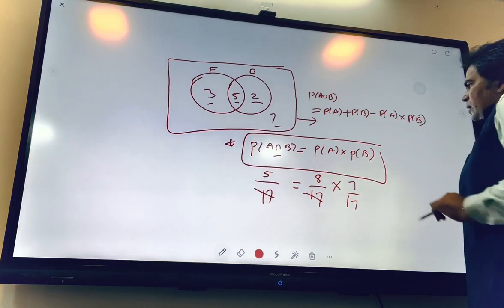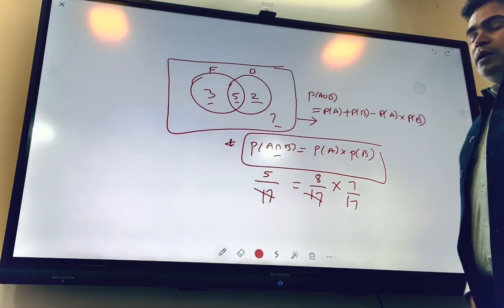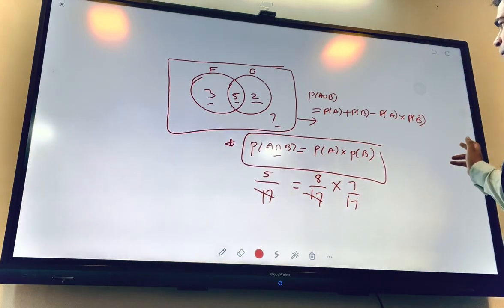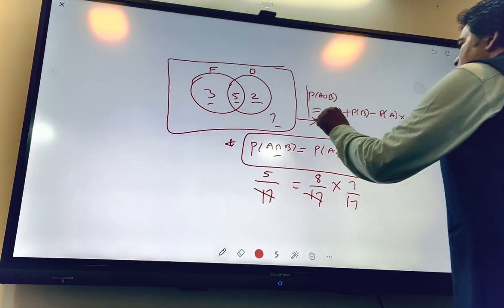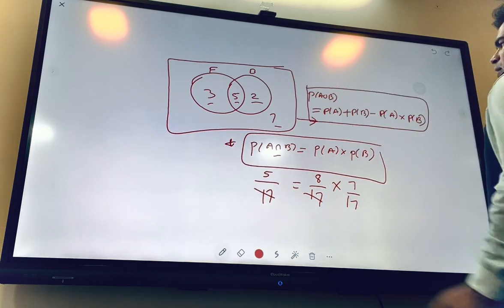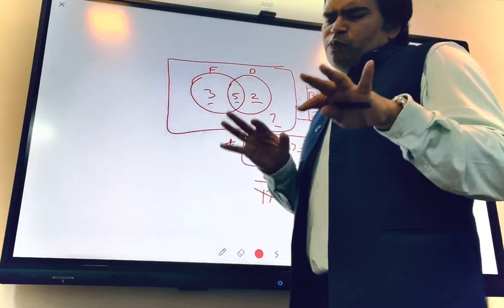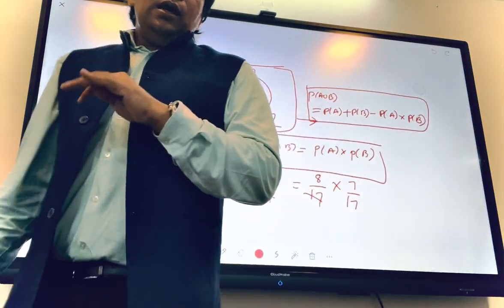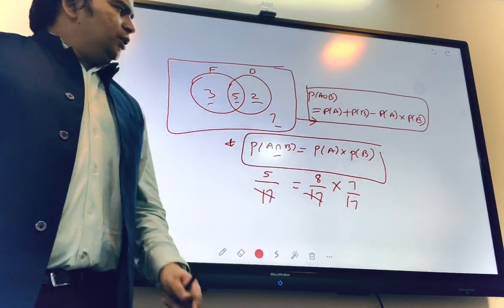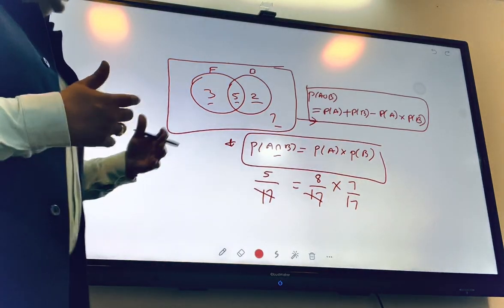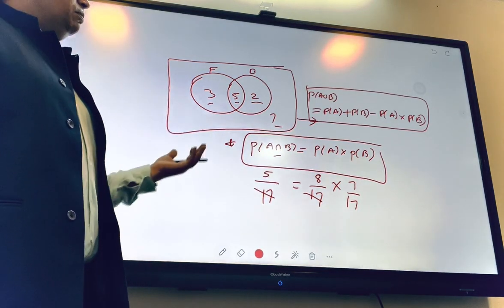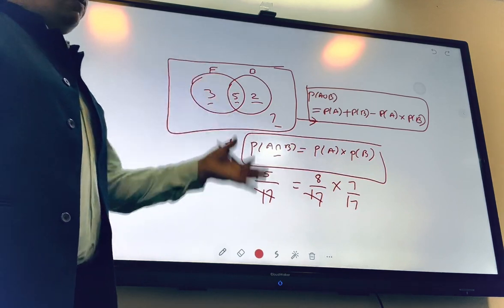So this is the formula for independent events. If I have the union of two events that are independent, I can use this formula to calculate the probability that a student takes A or B sport. So this is more or less about the conditions or different kinds of events.